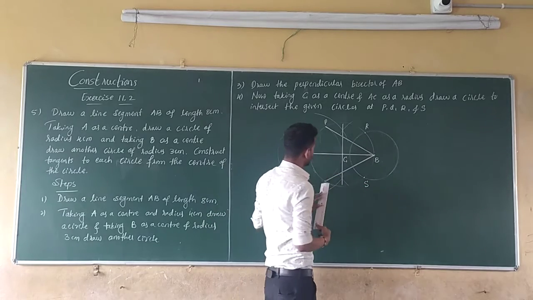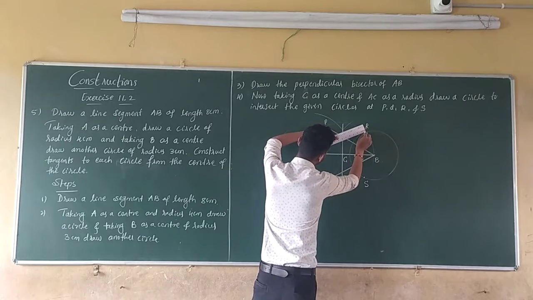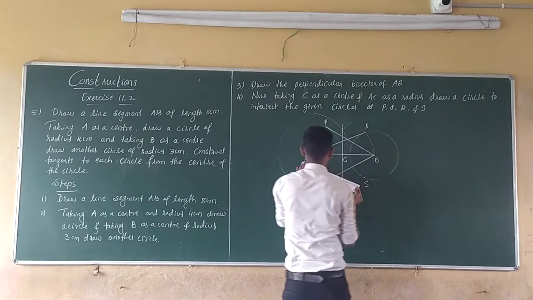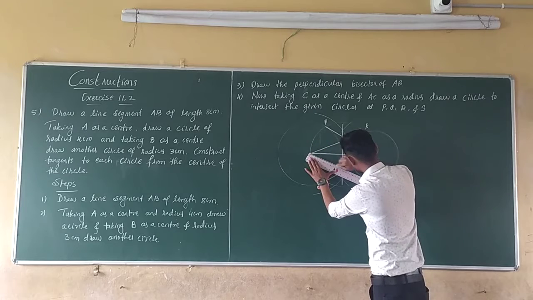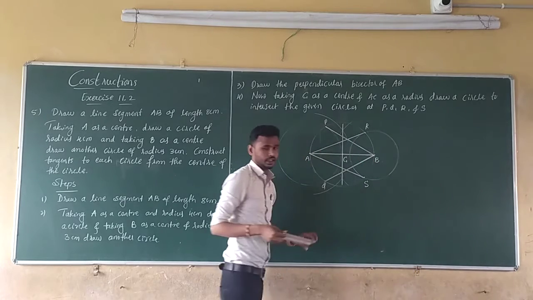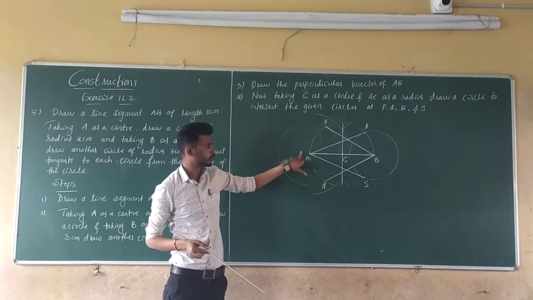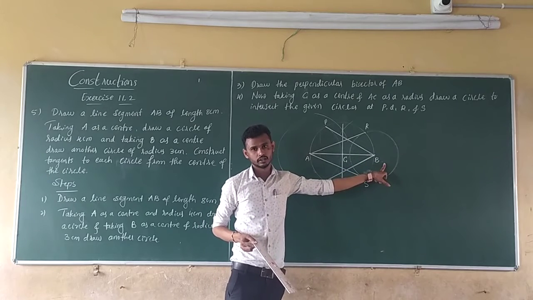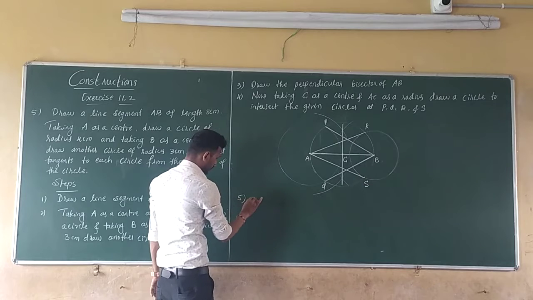And next join what? AR and AS. So these are the two tangents from the center of the bigger circle to the smaller circle. So fifth step is what?